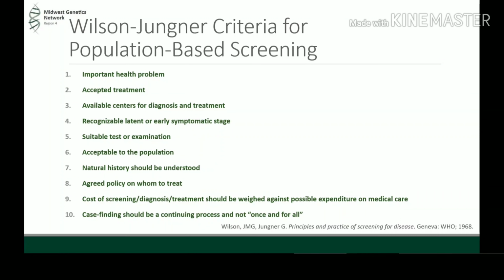Additionally, diagnostic and treatment centers should be available. The natural history of the disorder should be fairly well understood and should have a recognizable latent stage. From a screening perspective, a suitable test should exist that allows detection of the disorder. And the cost of the screening program should be analyzed. Next slide.